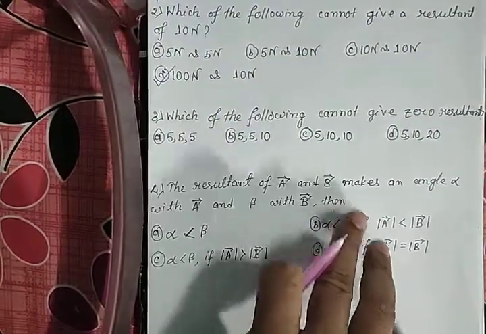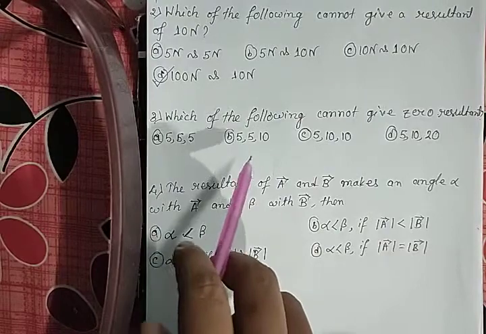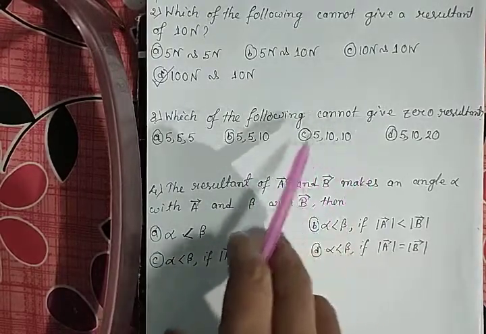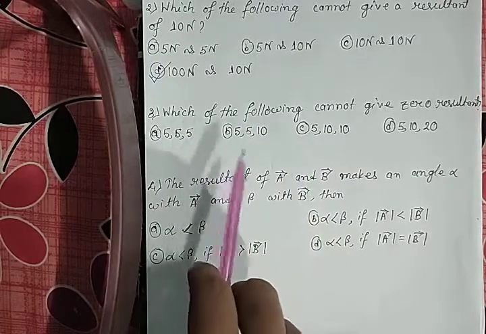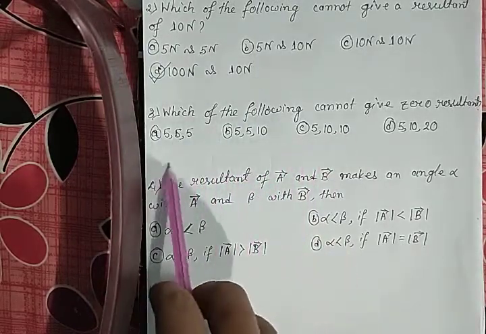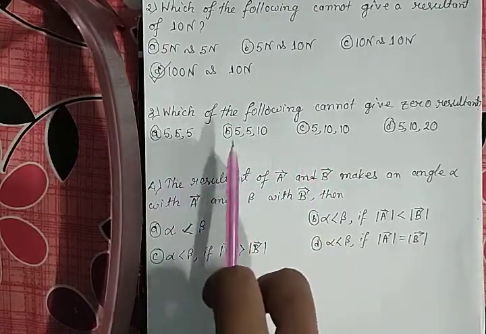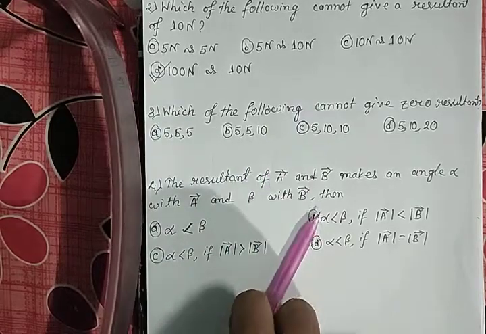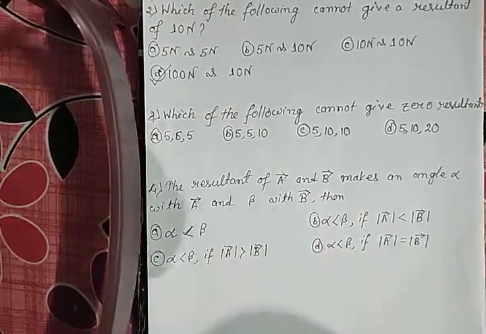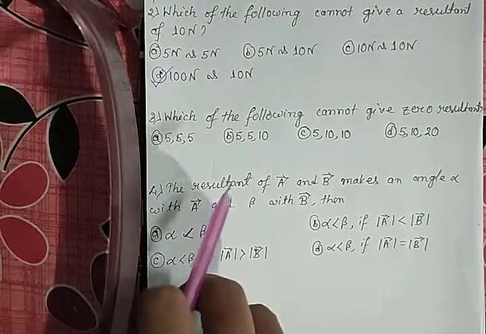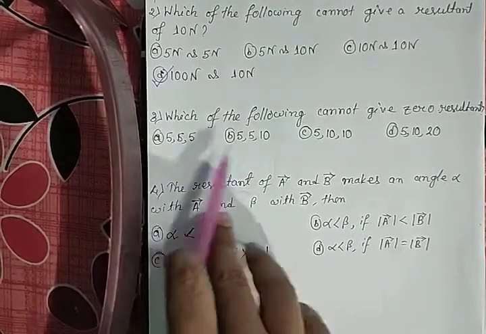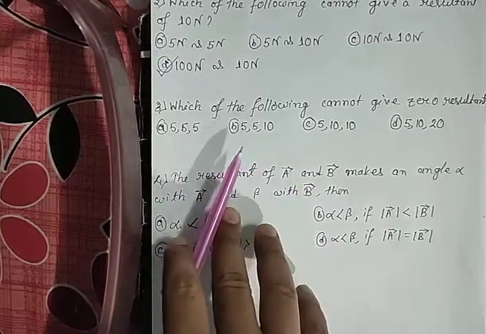The third question is: which of the following cannot give 0 resultant? The options are 5 5 5, 5 5 10, and so on. We have to check whether we can arrange them in a triangular shape.